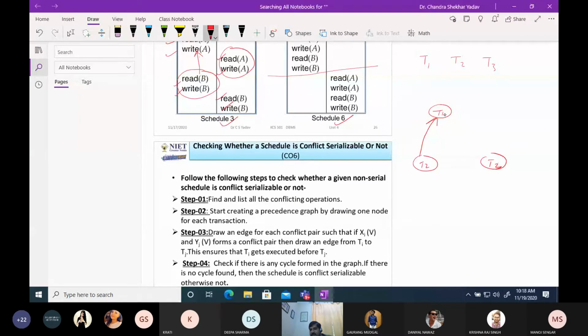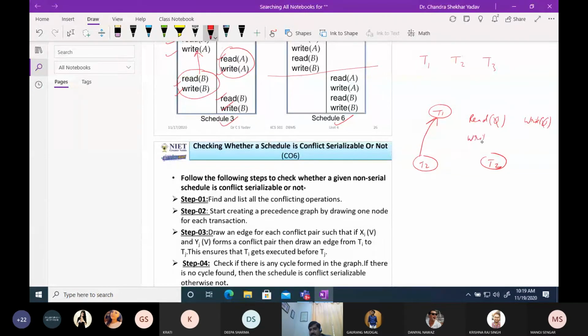So this graph will represent if T2 performs read Q before T1 performs write Q. As you all know, these are conflicting instructions.